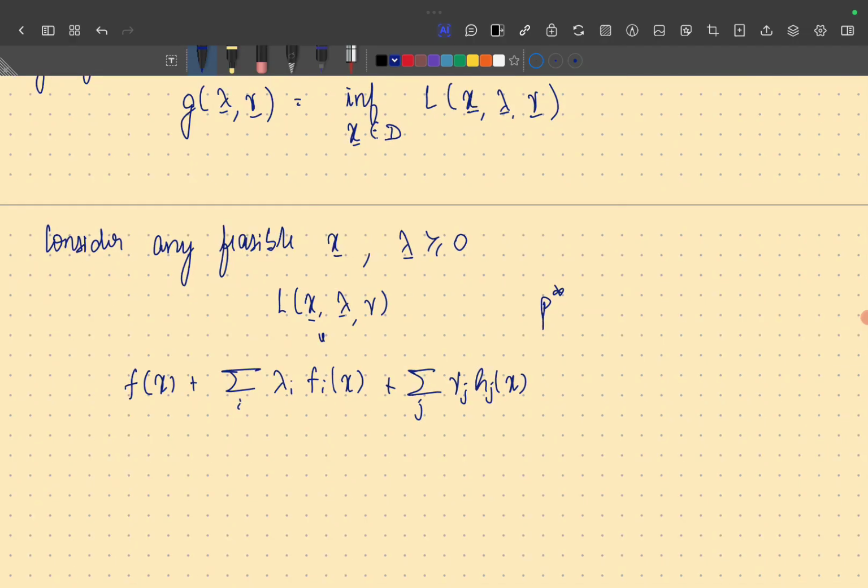What is the point of the last term? Which term? nu j times h_j of x? What do you mean? So the Lagrangian is defined over all x, right? Isn't it always 0? So again, if x is feasible, then this last term is 0. That's what I'm trying to get at.